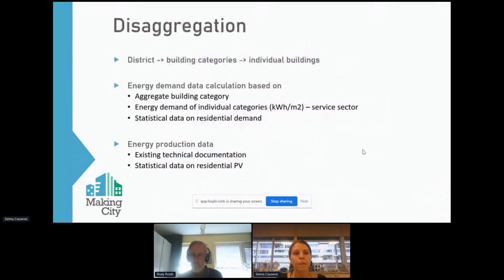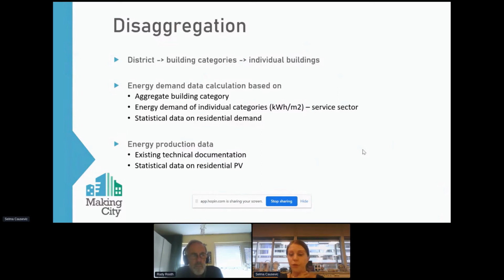So what approach did we take? We went from the district level to the building categories level, and then to the individual buildings. We looked at the entire district, and we realized that different building categories have different consumption patterns, different profiles, and different consumption per square meter, for example.